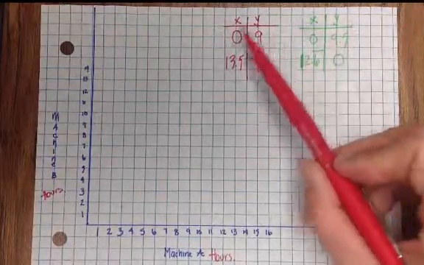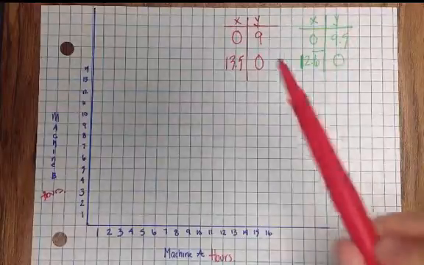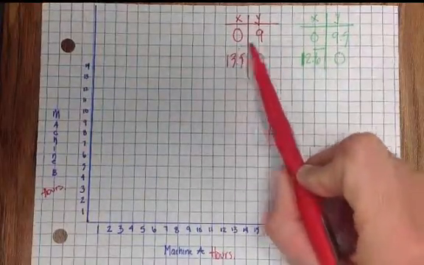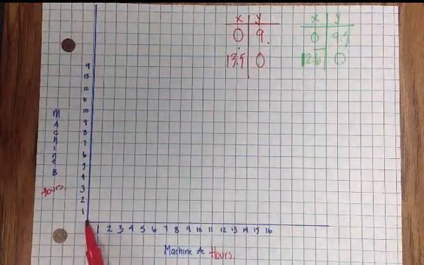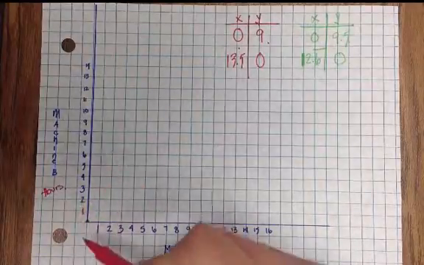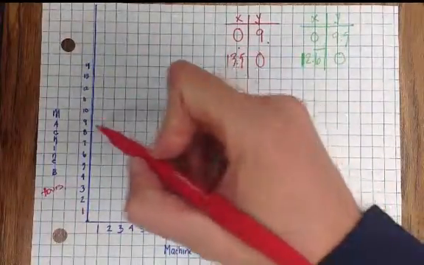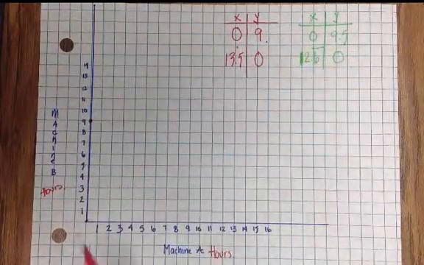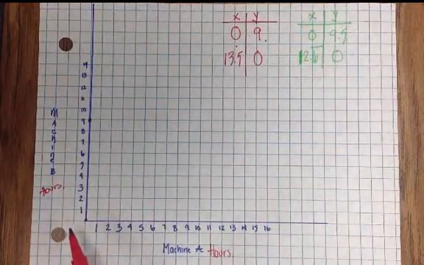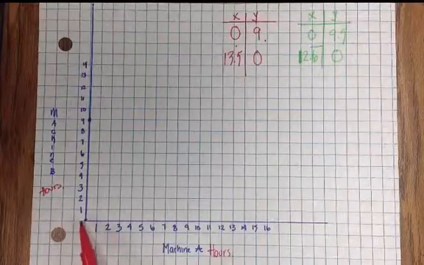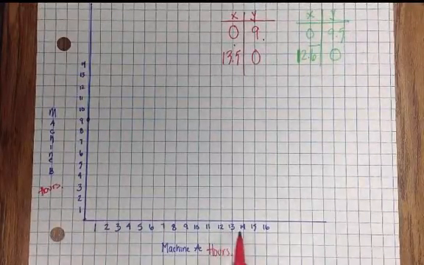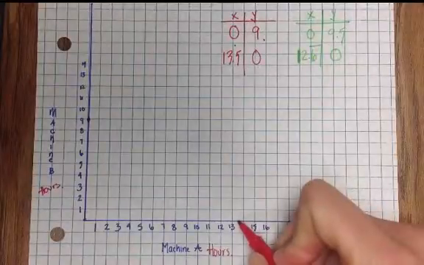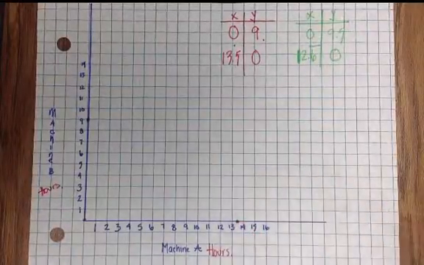So let's graph our first system. We're saying when x is 0, y is 9. So here's 0, 0. When x is 0, y is 9, so I'm going to come up and plot my point at 9. When y is 0, x is 13.5. So I'm going to go all the way. There's 13 and 14, so 13.5 is roughly in the middle.